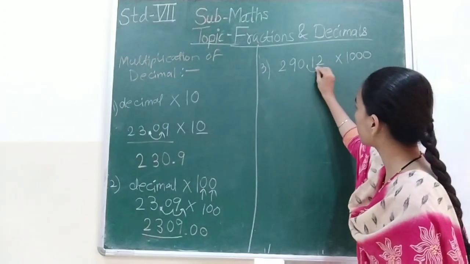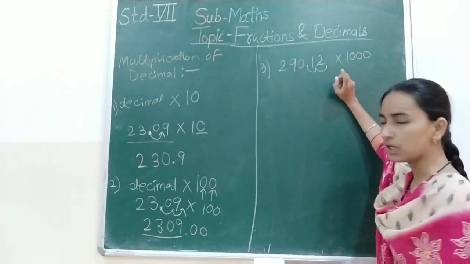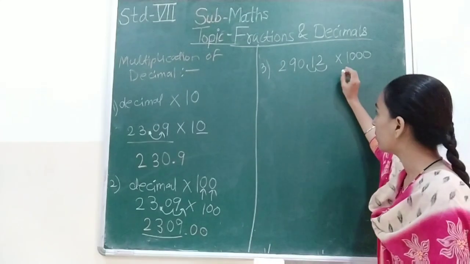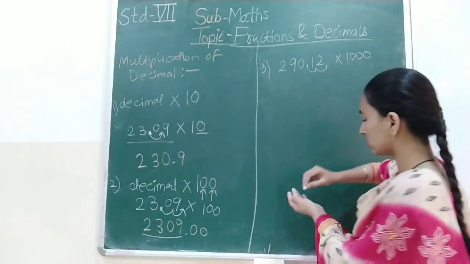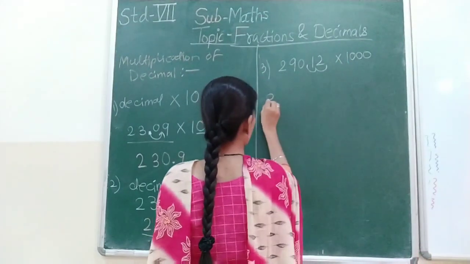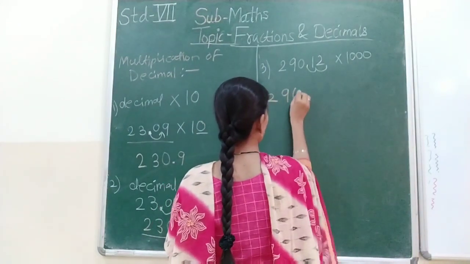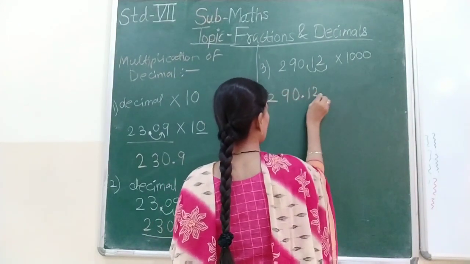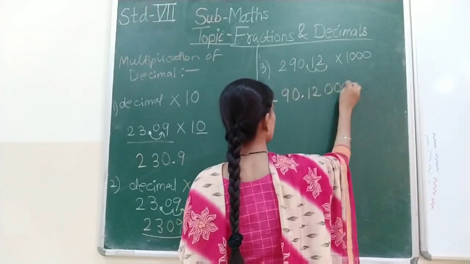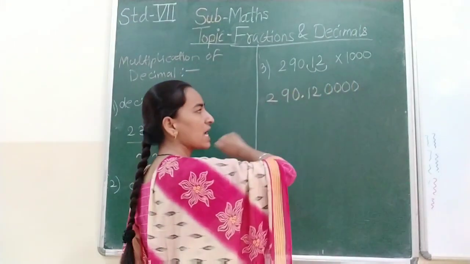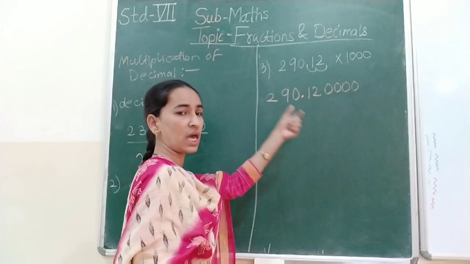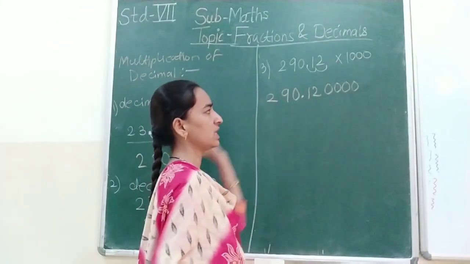Here there are only two places, but I can write this number as 290.120000. As many zeros as you want you can add after the decimal.